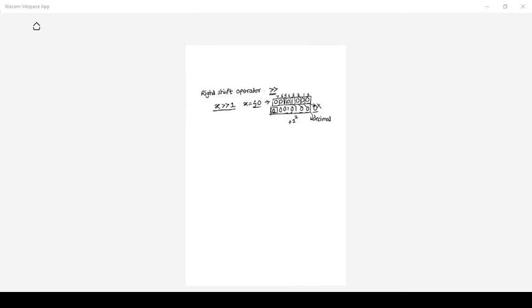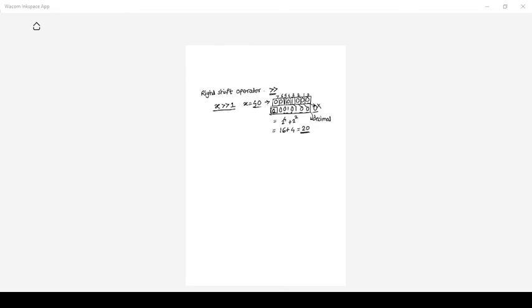Then 2 raised to 4th position, then 5, 6 and 7. The remaining are 0, so I'm not considering them. Here 2 raised to 4 is 16, and 2 raised to 2 is 4. So you will get 20.